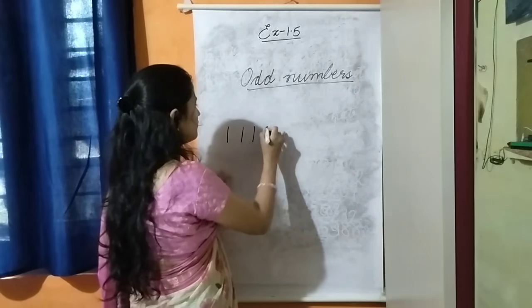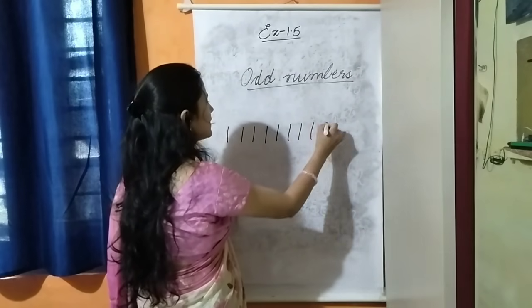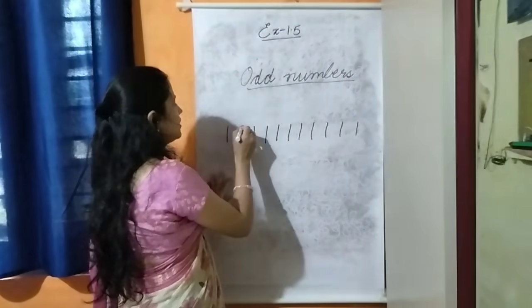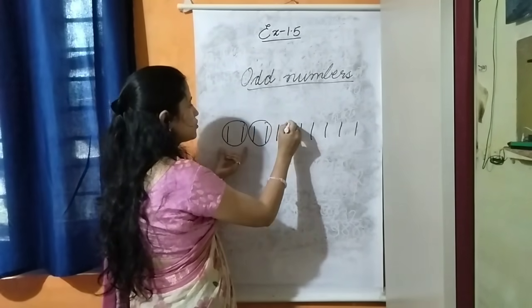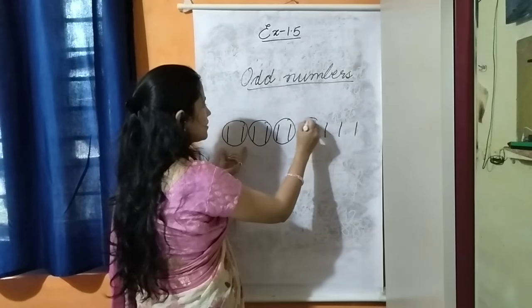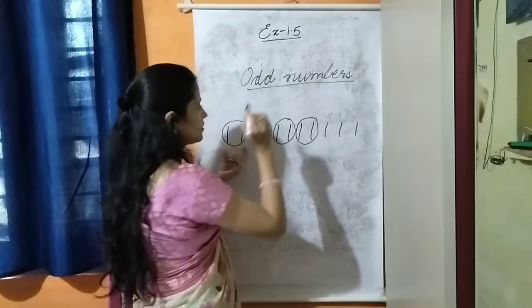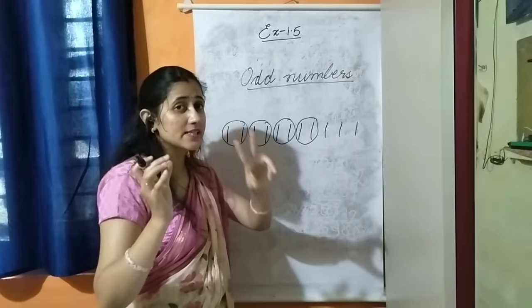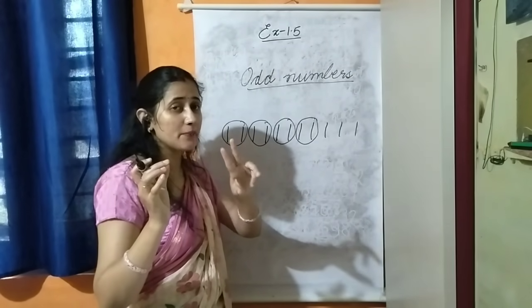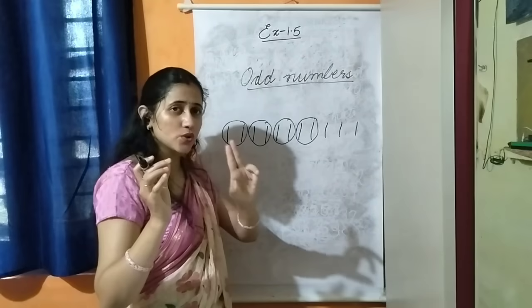1, 2, 3, 4, 5, 6, 7, 8, 9, 10, 11. One pair we got, 2 pair, 3 pair, okay. Why I told you, pair means set of 2, okay. In a pair 2 things are together.